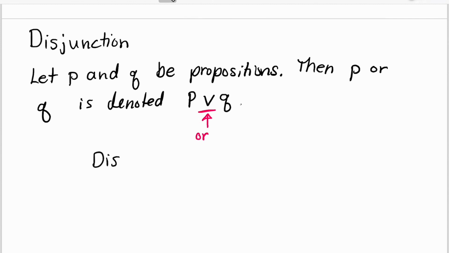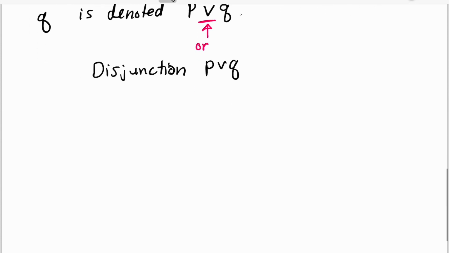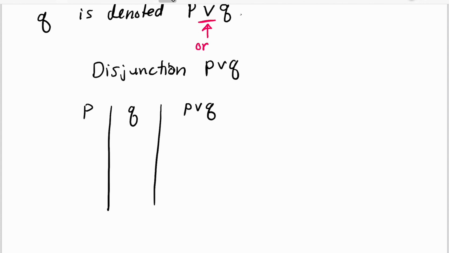If we have the disjunction truth table of P or Q, then I'm going to have 4 rows, because remember, using the multiplication principle with counting, you have 2 propositions, and each proposition can either be true or false.